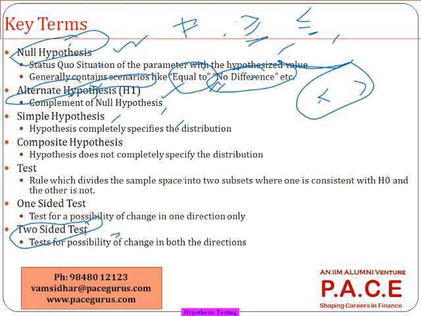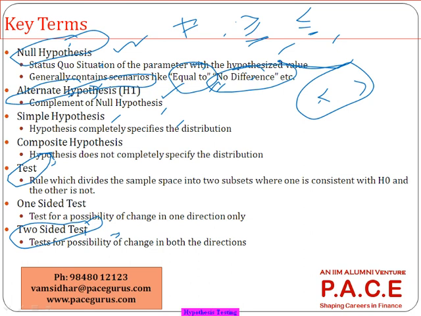And whenever we use the word test in the context of hypothesis testing, it's a simple rule, a simple formula which divides your entire data set into two sets. One set will be consistent with the null hypothesis, the other set will not be consistent with the null hypothesis.